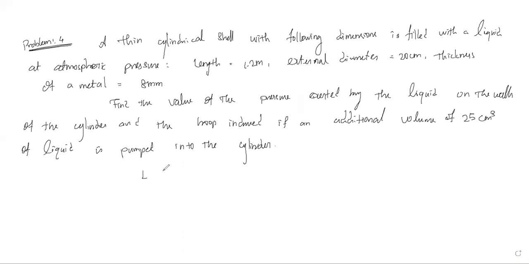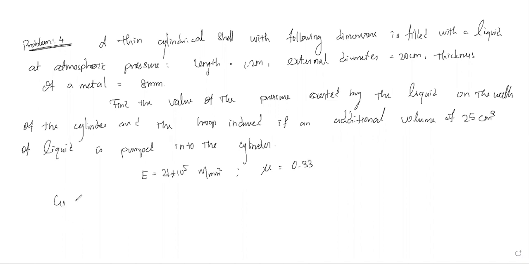Take E is equal to 2.1 into 10 to the power 5 Newton per mm square, and Poisson ratio mu is equal to 0.33.